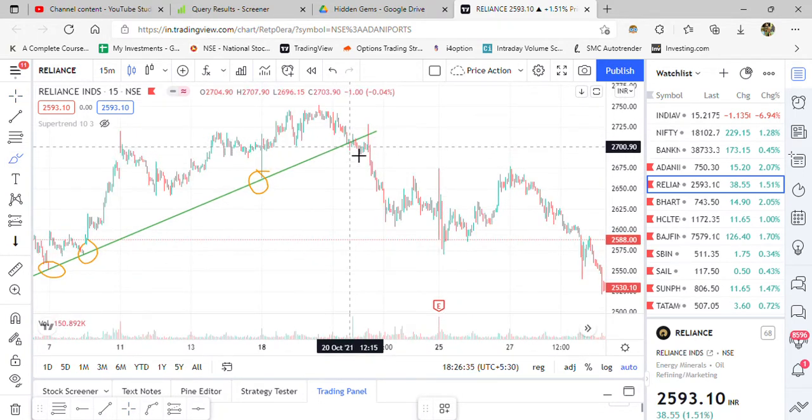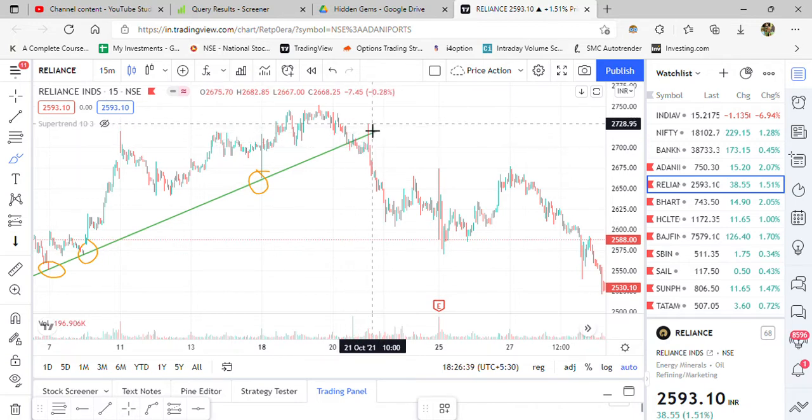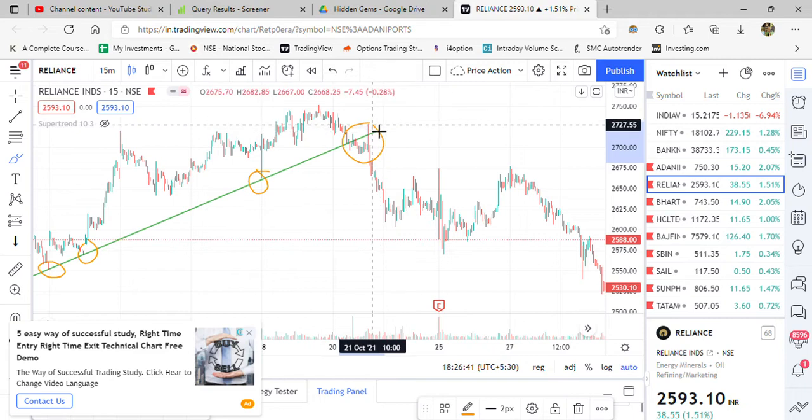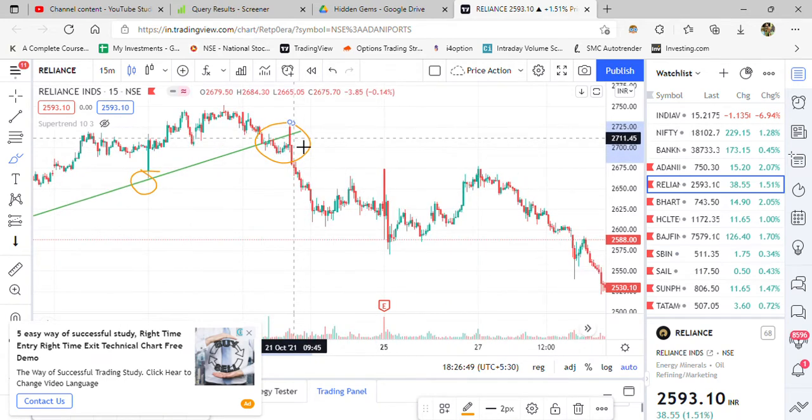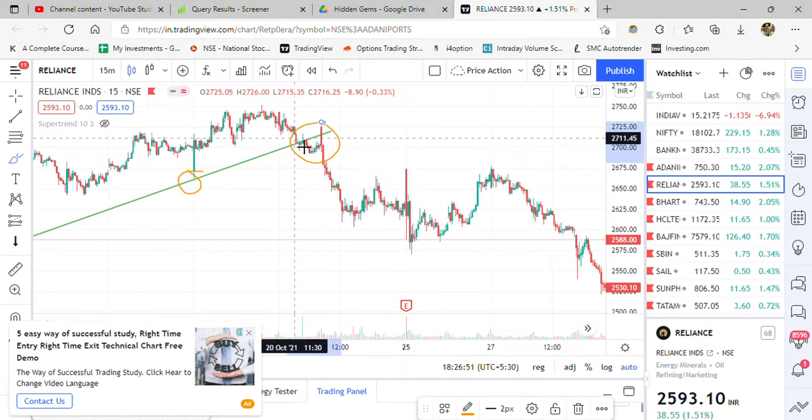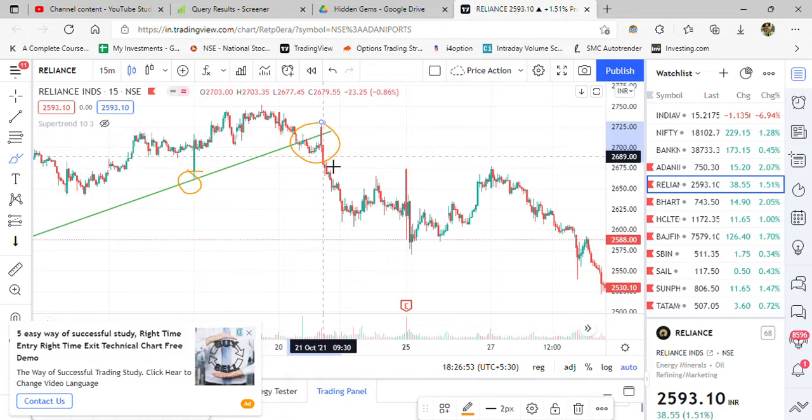After breaking from below, the stock tried to go up and touch the trend line but could not do the candle close, but it suddenly fell after that on the very next candle.